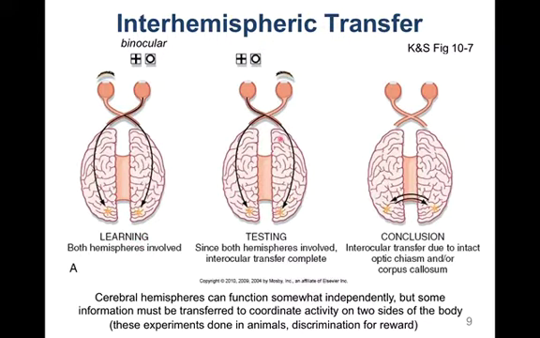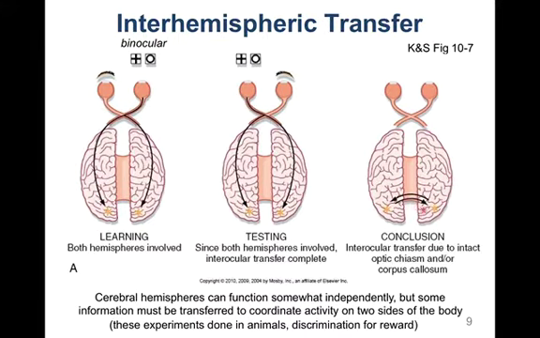So when the testing is done, the trained eye is closed, and the other eye, the left eye in this case, is asked to solve the same problem. And so in this case, because both hemispheres are involved, the information was successfully communicated between both hemispheres, either via crossing at the optic chiasm or via crossing at the corpus callosum, right?